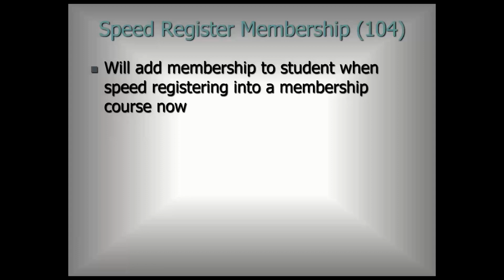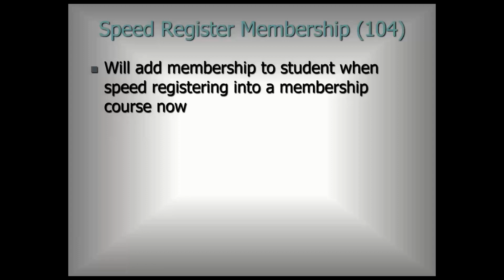Speed register. What we've found is that if you're speed registering into a membership course, it wasn't adding the membership code to the student, because frankly, Speed Register didn't really know about membership. So I've added in the coding for all the membership course stuff.